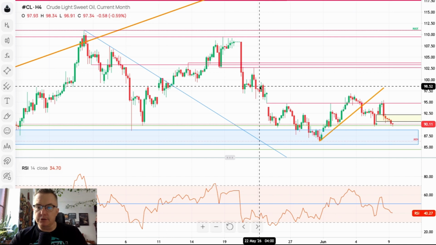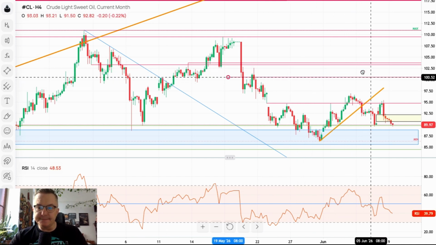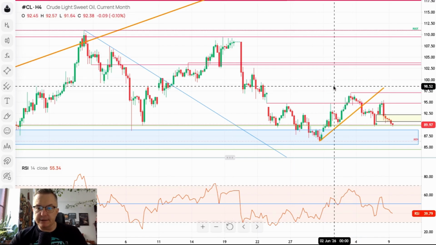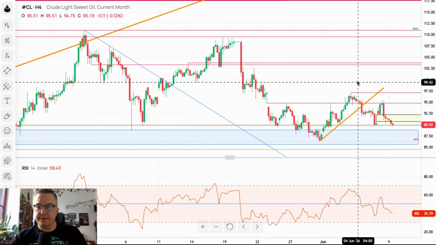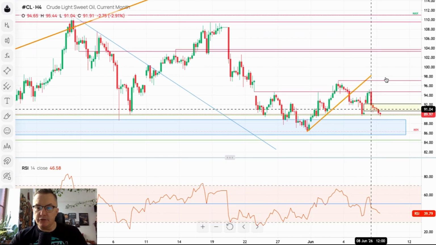Crude oil reversed and removed recent gains. We got the technical resistance located here, 95, I guess this is 96, 97. So the situation here remains bearish.